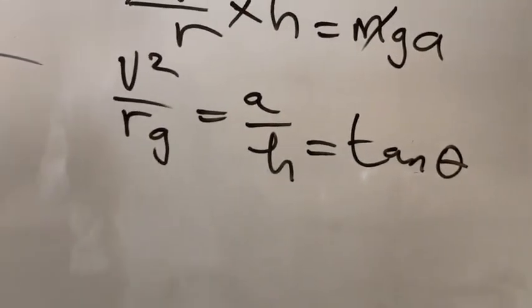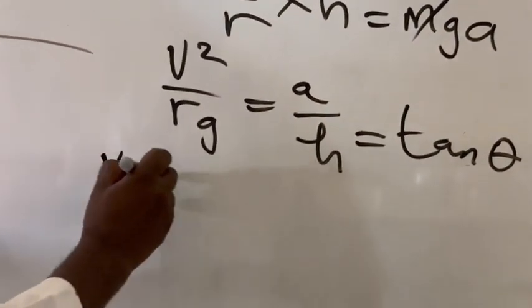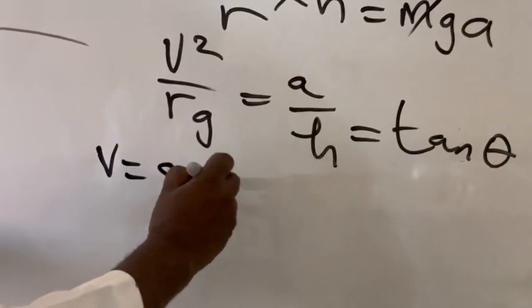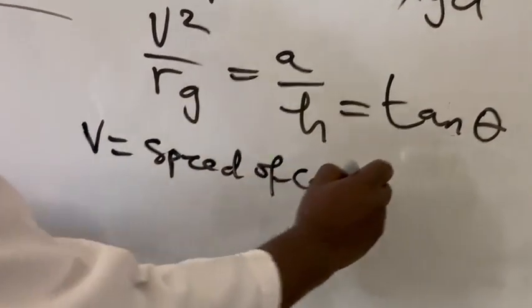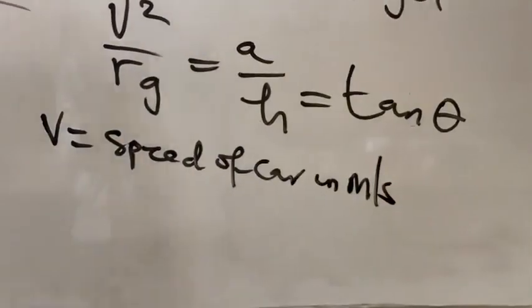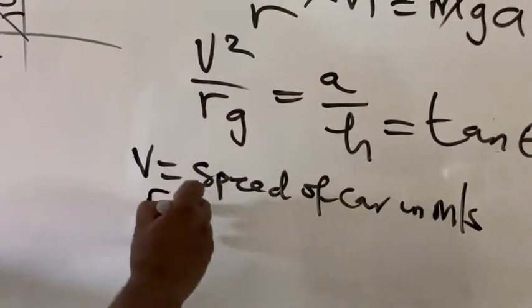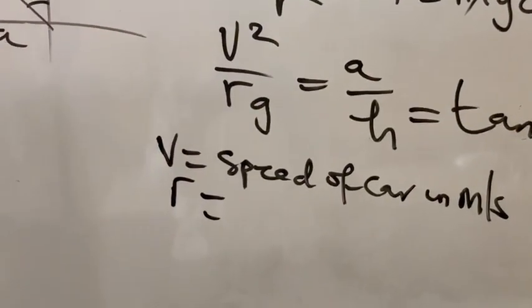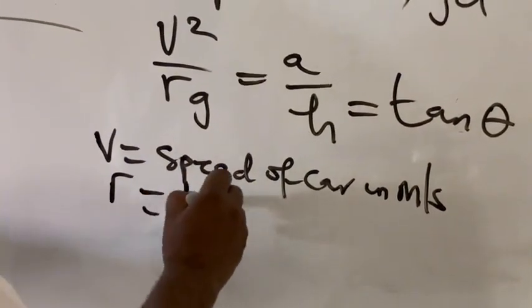Now here, v is equal to the speed of the car in meters per second. R is equal to the horizontal radius of the track in meters.